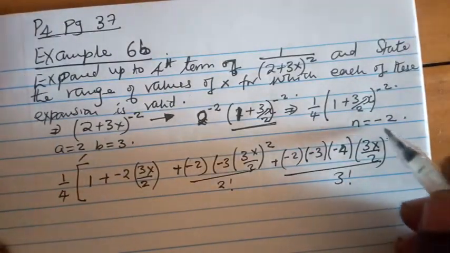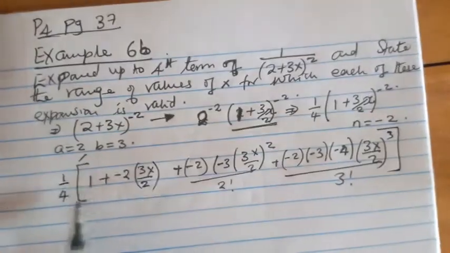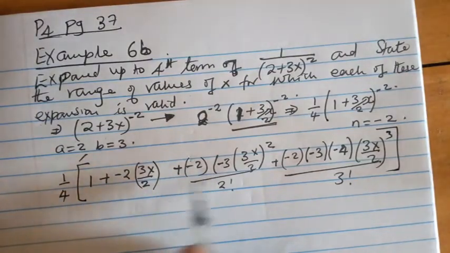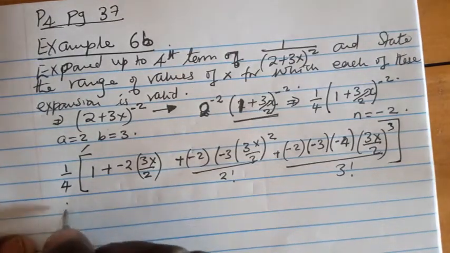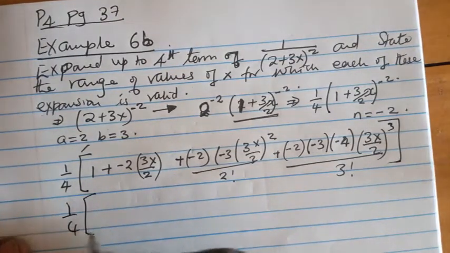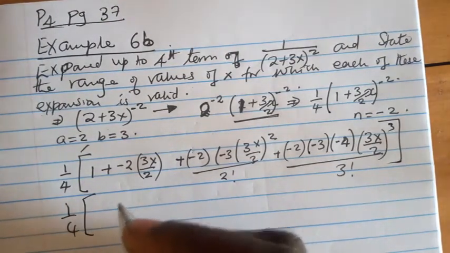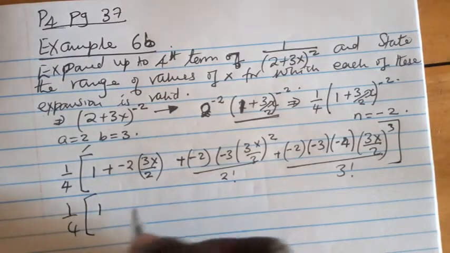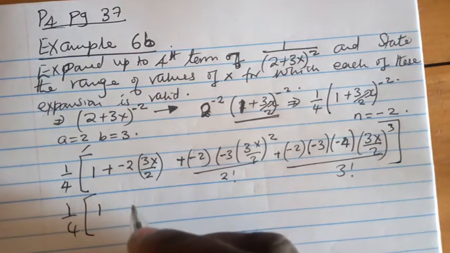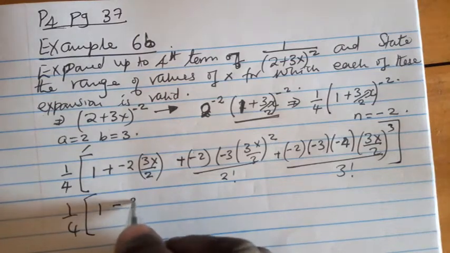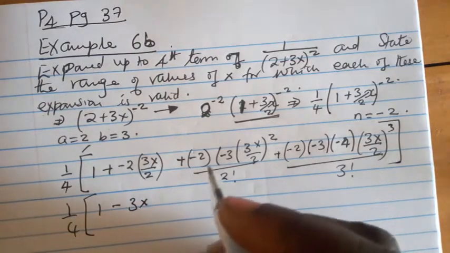Everything now is going to be multiplied by a quarter, so we can clean a little bit what is in the bracket and we're going to have a quarter, open bracket, 1, of course, minus 3x, because that's what we have.